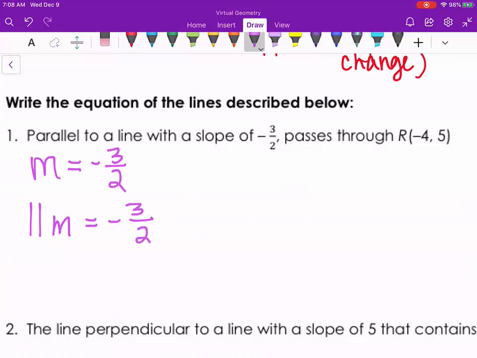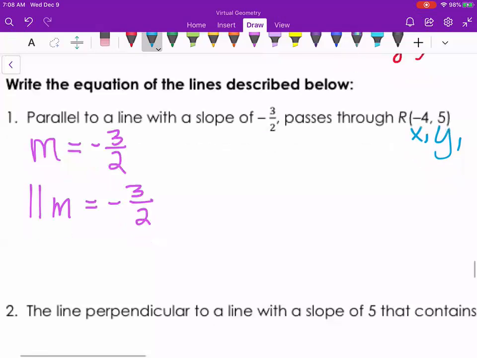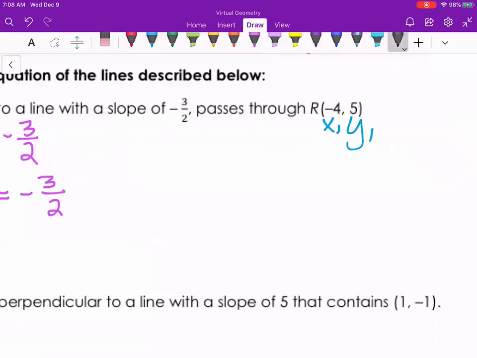And it has to pass through the point (-4, 5). So they're giving you an x1 and a y1. They've given me a point and a slope, so I use point slope form: y minus y1 equals m times x minus x1.